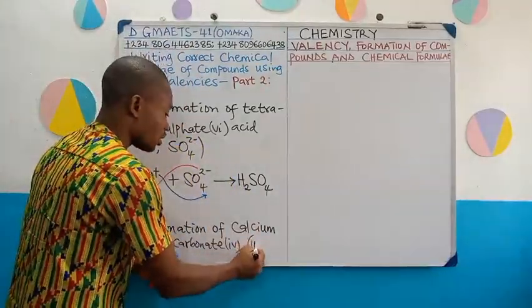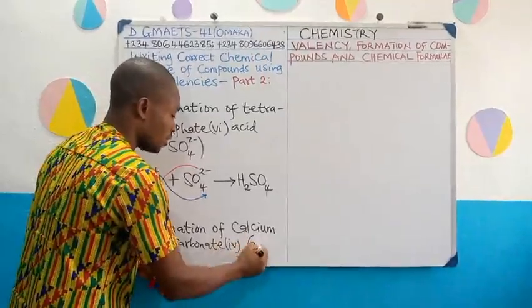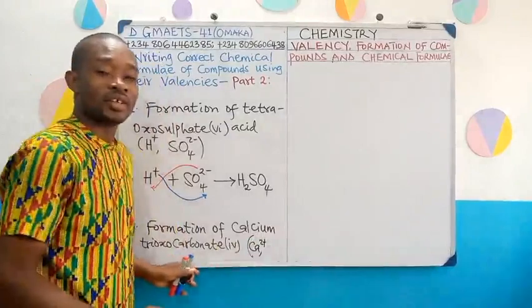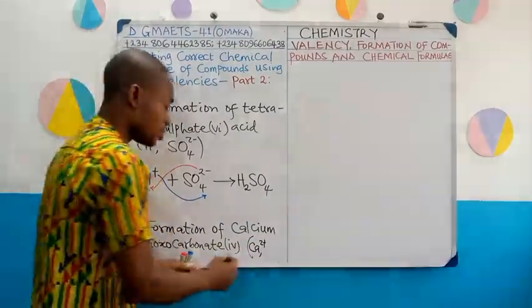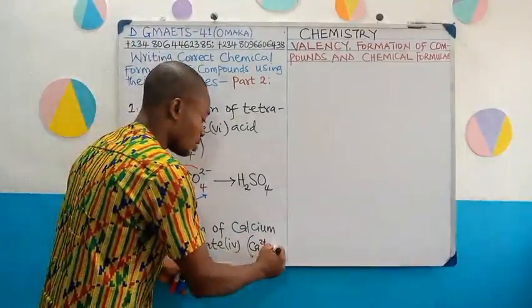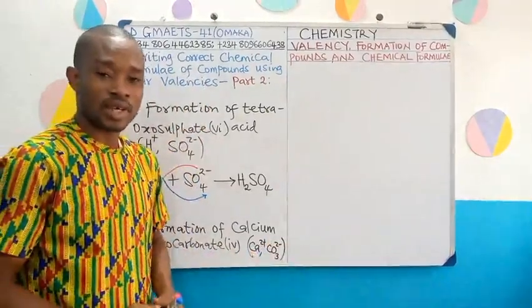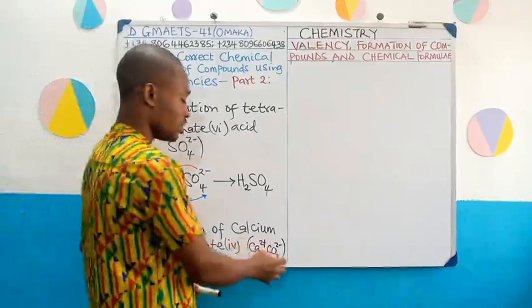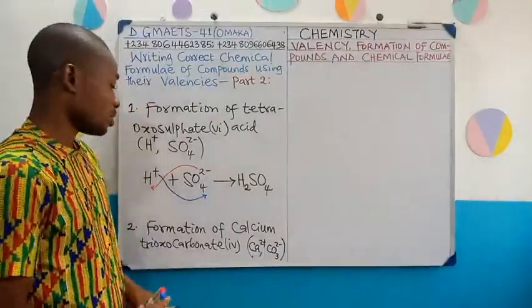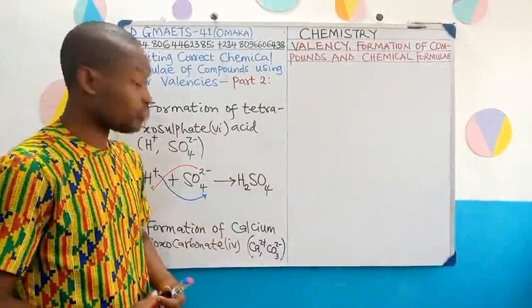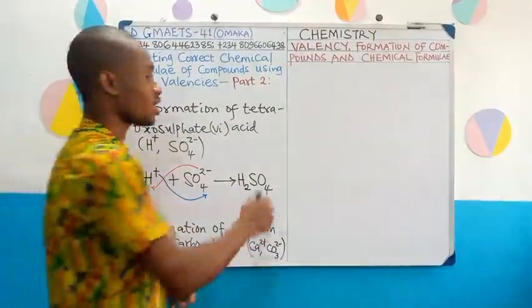So it contains calcium, Ca, and of course the valency of calcium is 2+, as we studied previously. Then we have the CO3 2-. These are the ions present in that compound. The radical here is CO3 2-. So let us see how calcium trioxocarbonate forms. What is the correct chemical formula of this compound?